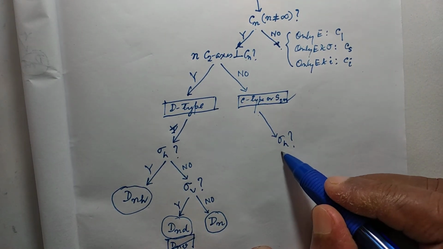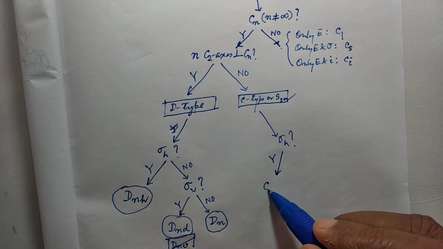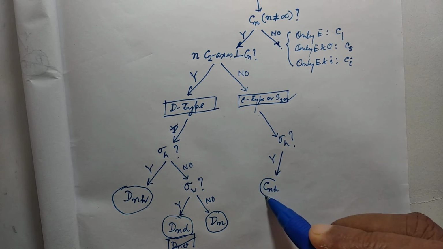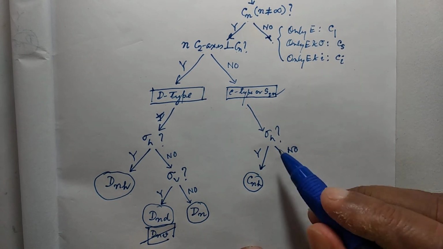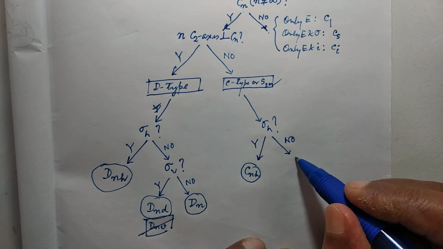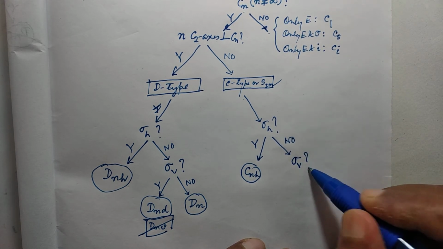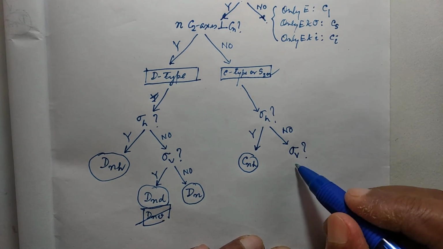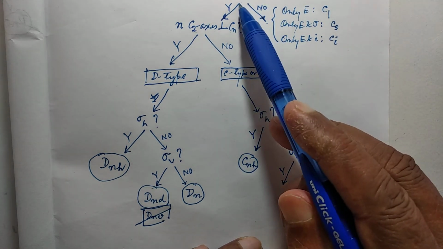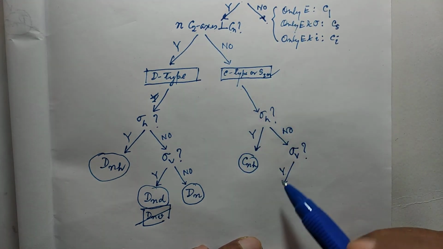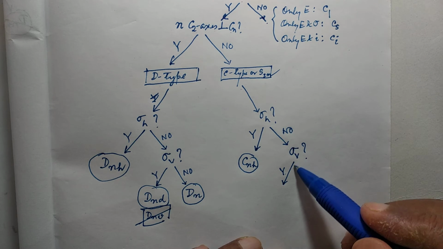Here, if a sigma h exists, the answer is yes, then the point group is Cnh. And if sigma h does not exist, then the next question is, does the object have a vertical plane, sigma v? If the answer is yes, then Cn exists, no C2 perpendicular to Cn, no sigma h, then a sigma v plane.